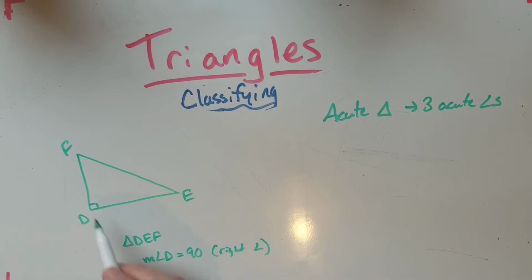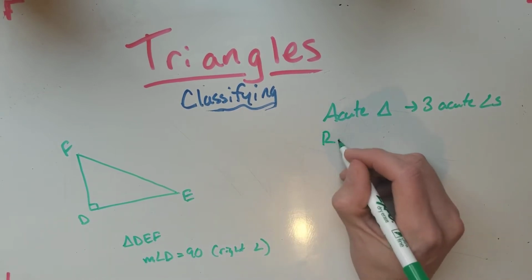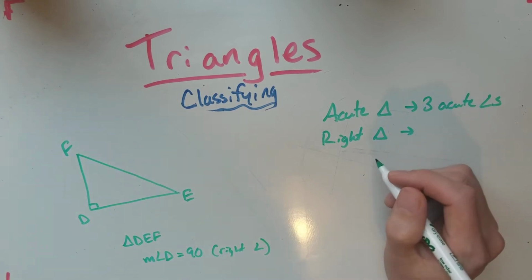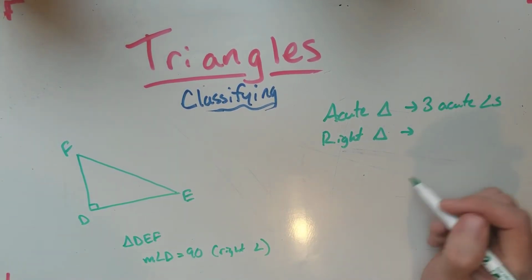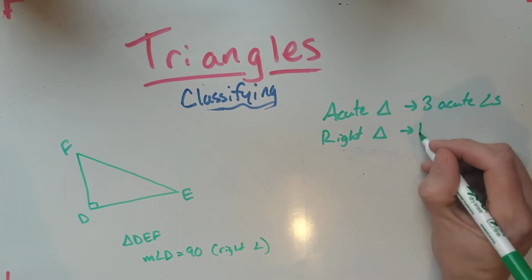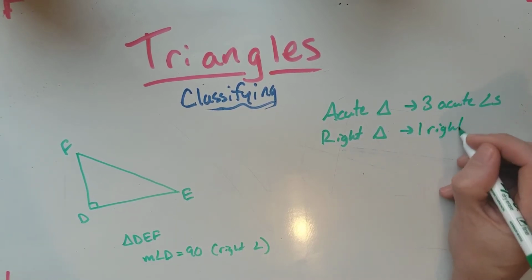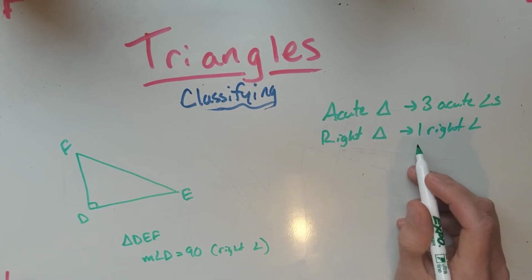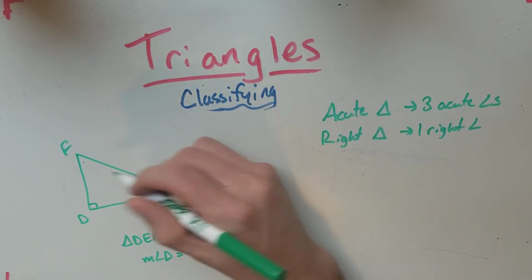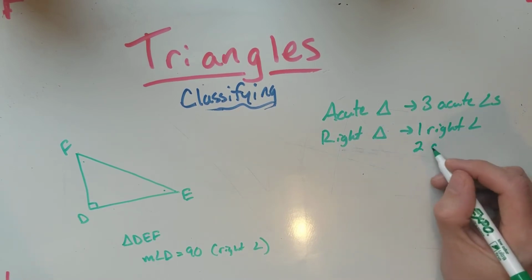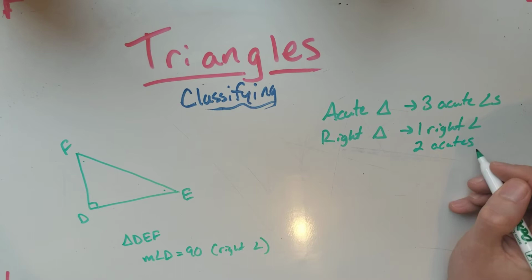Because we have that right angle, we would call it a right triangle. But we need to think a little bit about what every right triangle is going to have. So there's going to be one right angle, but we can't have more than one right angle. So it's going to turn out that these two angles are both going to be acute. So we have one right angle and 2 acute angles.